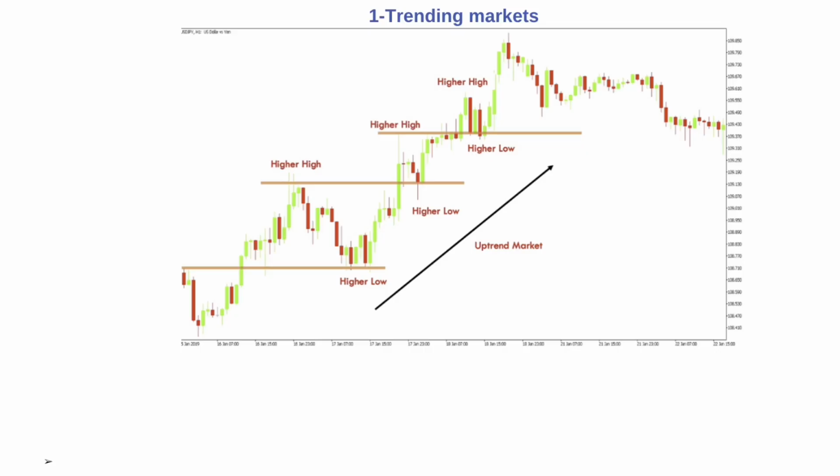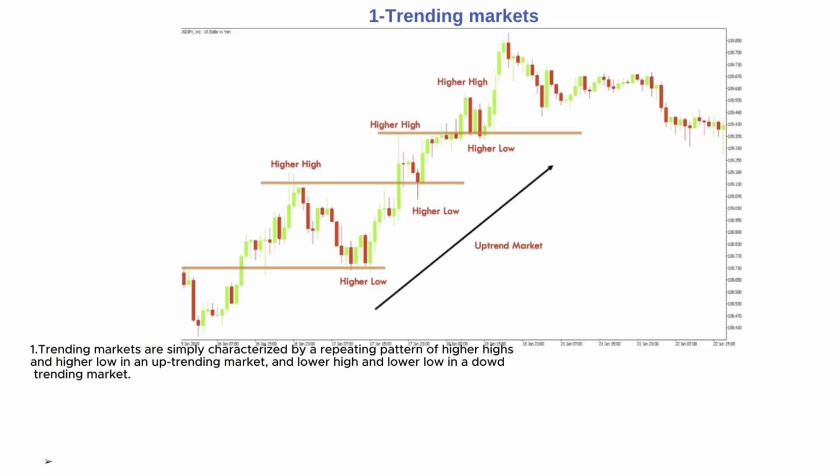So trending markets are simply characterized by a repeating pattern of higher highs and higher lows in an uptrend market, and lower highs and lower lows in a downtrend market. So this is an example of an uptrend market which has a series of higher highs, higher lows, higher highs, higher lows.